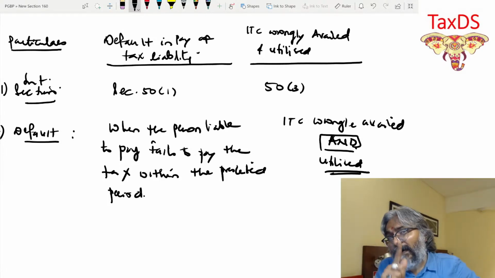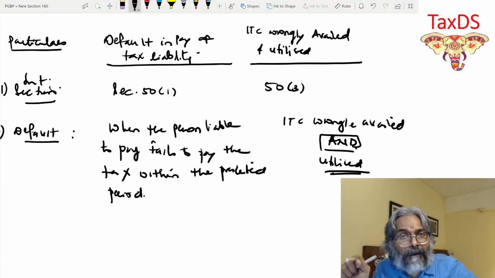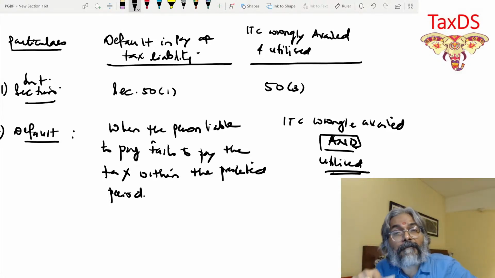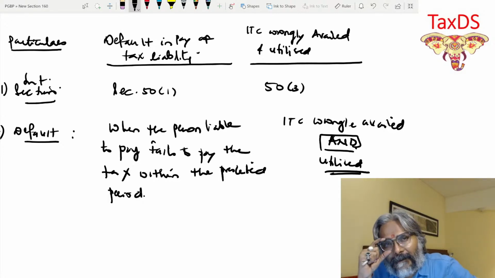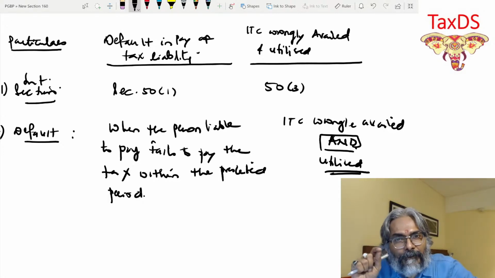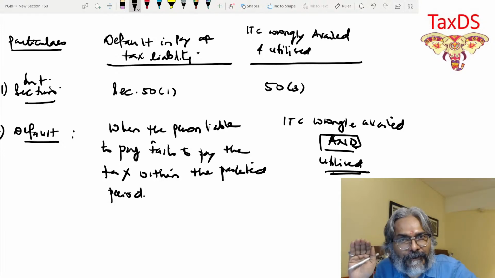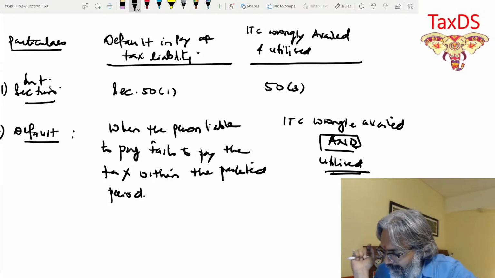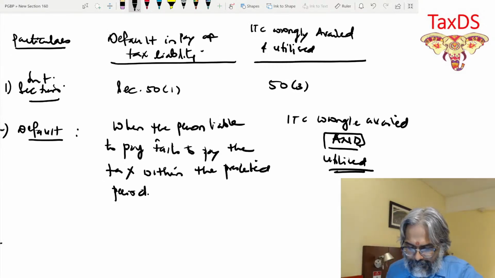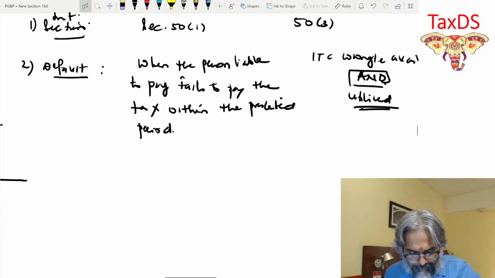But be careful: unless that credit which has been wrongly availed is utilized, there will not be any interest under section 53, students. Is that clear to all of you? That's exactly the point. This is about the default, where you need to be very careful.